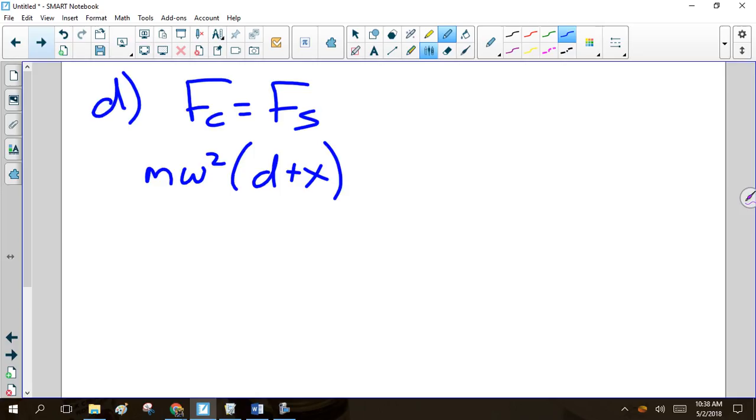You get half of d because of the rod, it's half of the rod, and then the original length of the spring is half of d, and then plus x, right? Okay, and that's got to equal the force of the spring, which is kx. And then solve. Cool? All right, any problems there?